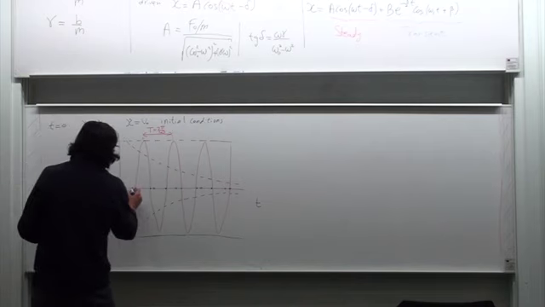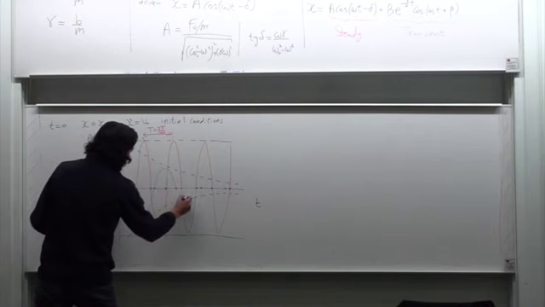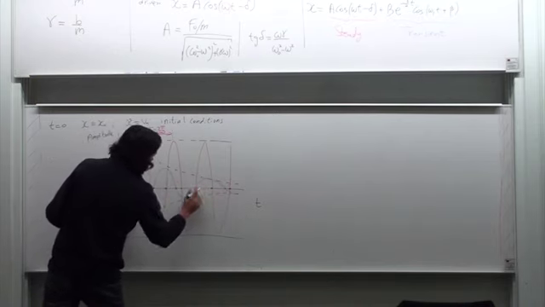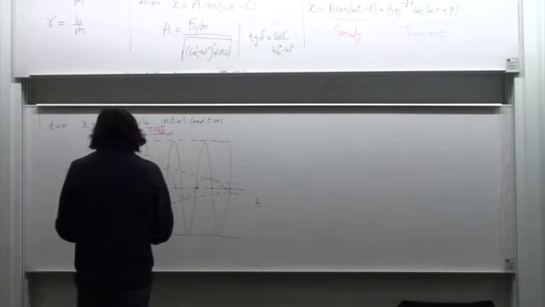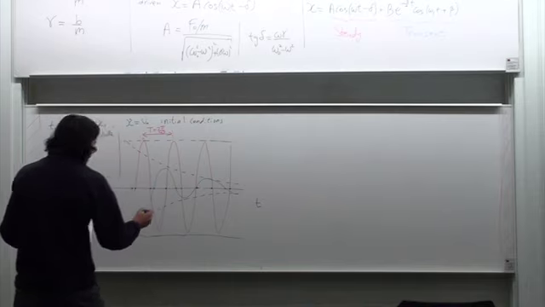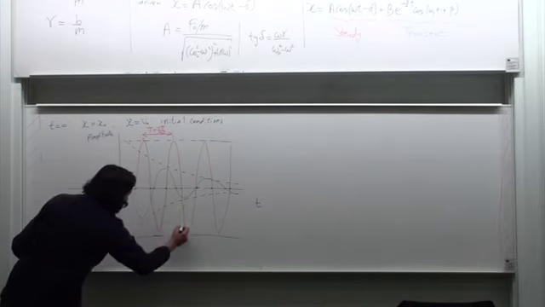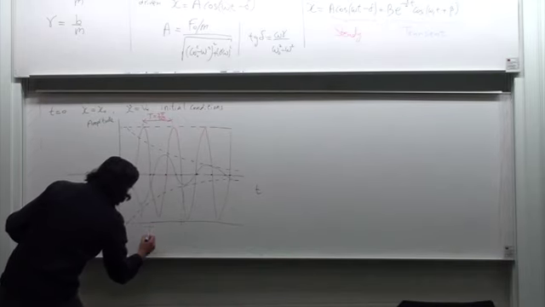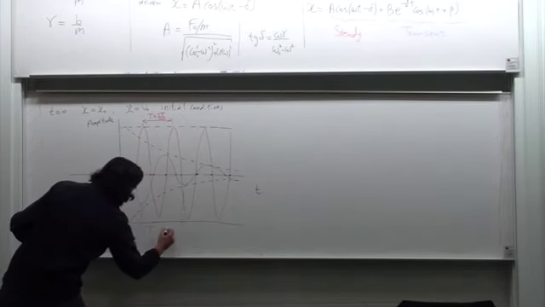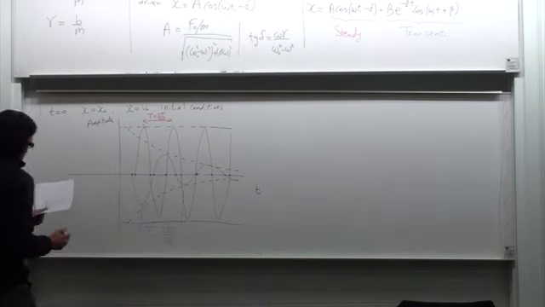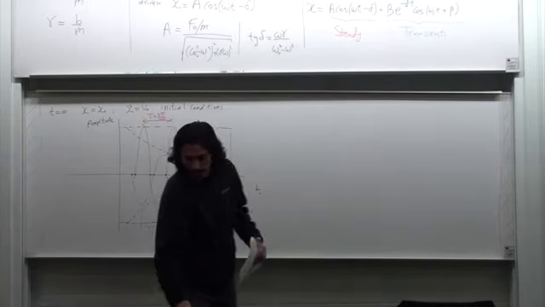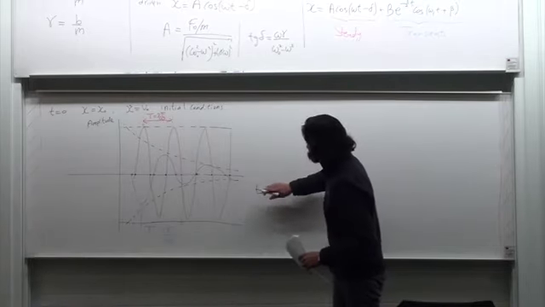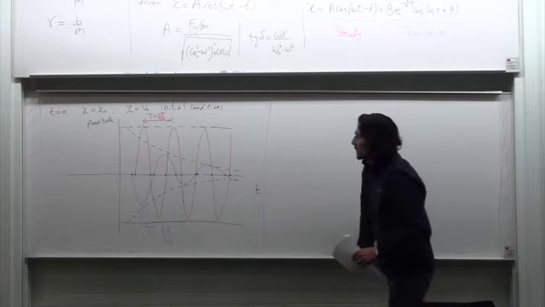We have something like this. In a similar way here we can put, this is T1, which is 2 pi over omega 1.